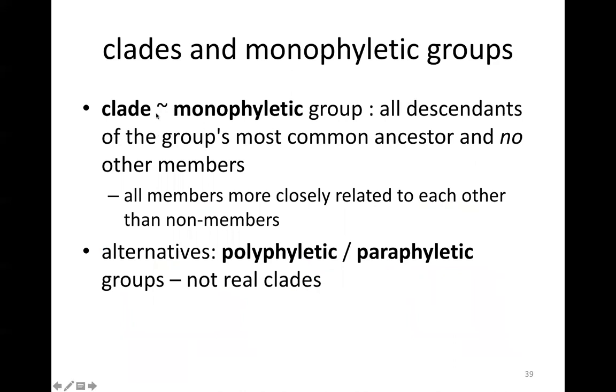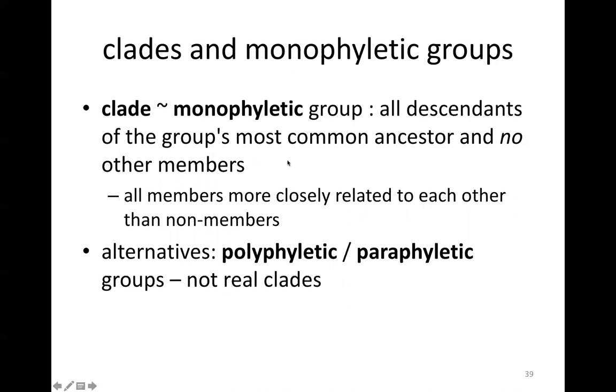Okay, so now we have another important term to remember. Clade, or a monophyletic group, is a group within a phylogeny where all the descendants of the group's most recent common ancestor are part of that group, and there are no other members of that group which are left out.